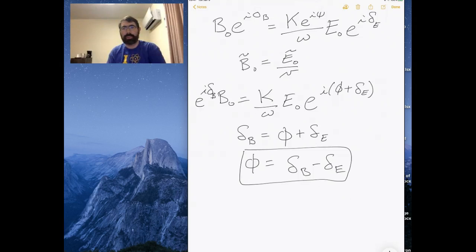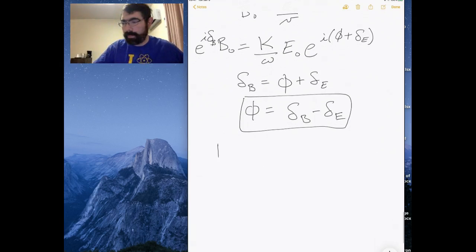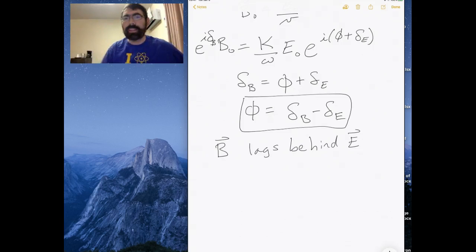And what we find is that we get this phase, which is now a difference between the complex part of the amplitudes of the magnetic and electric fields. So essentially what that means is that the B field lags behind the E field.